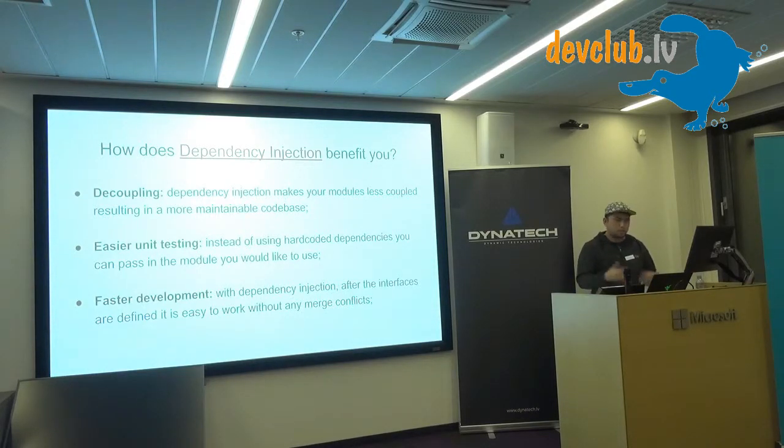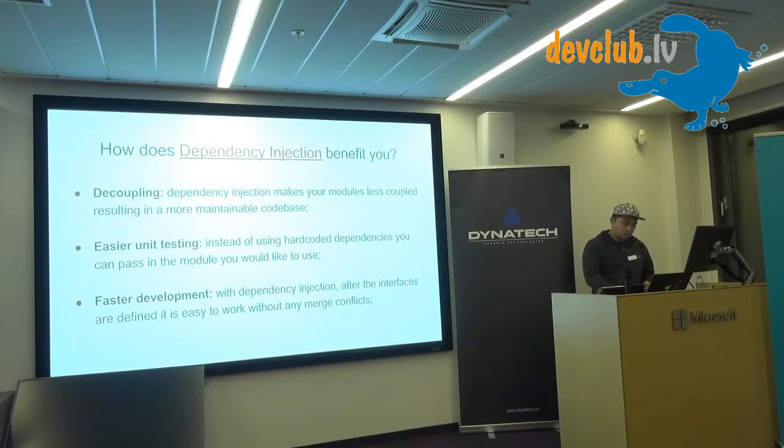So essentially, the consumer of the dependencies shouldn't have to worry about the implementation details, but instead should be able to rely on the fact that the implementation will return a predictable result.